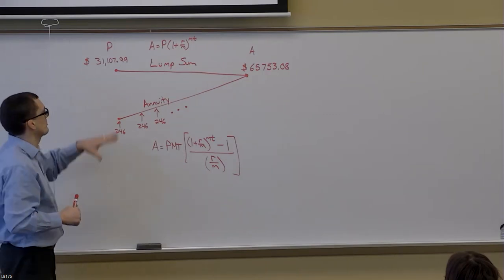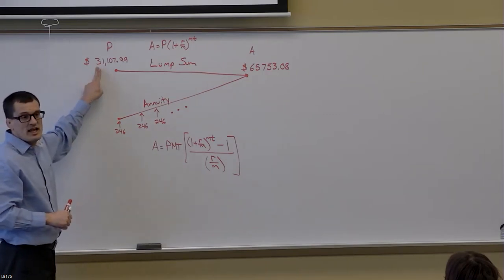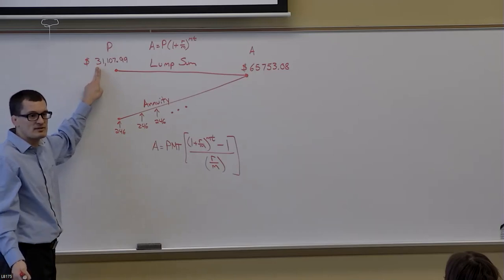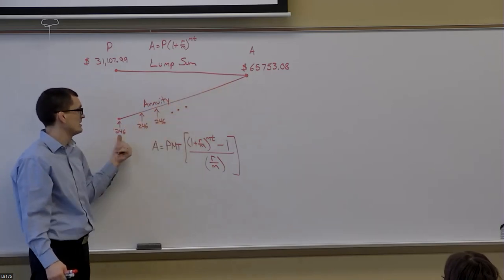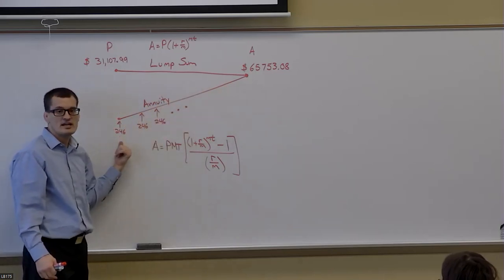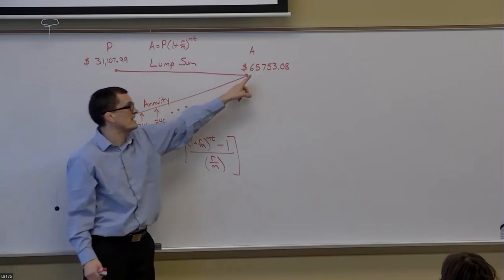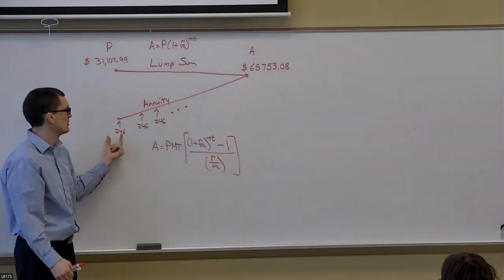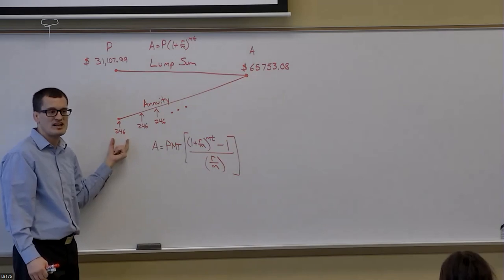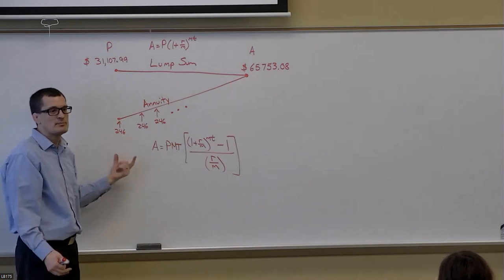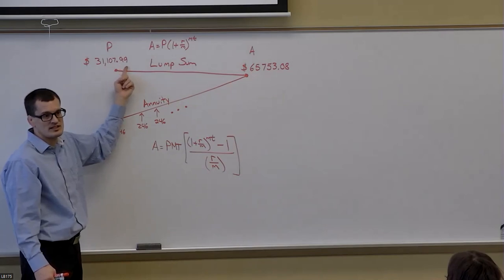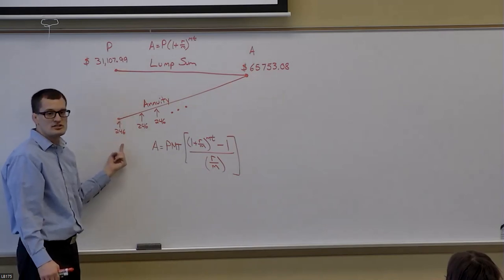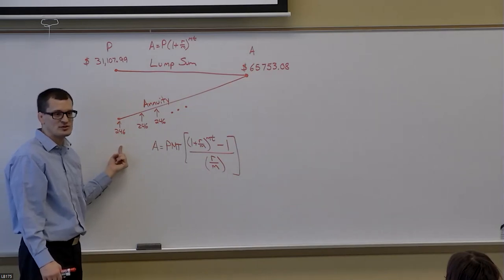And after some paperwork, they give you that. And you'd say, well, how much do I have to pay every month? They do this calculation and they say, you know what, the annuity that gives me the same ending amount is one where you pay in $246 every month. So you'd go ask for a $31,107.99 loan, and they say your monthly payments will be $246.